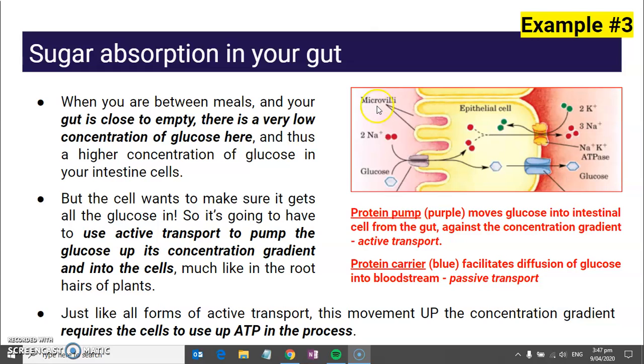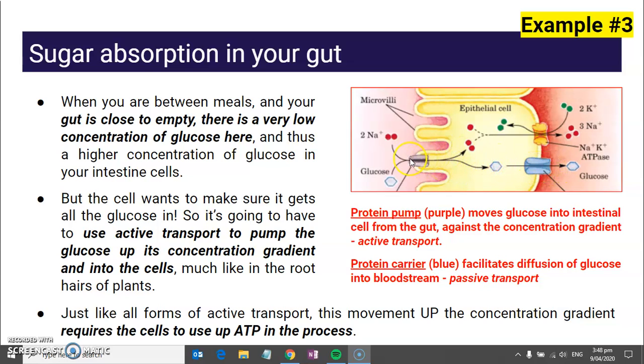But after a meal, when your gut is at low concentration of sugar and you've got some residual sugar in the cells, how are those cells going to accept more sugar if they're already at a relatively high concentration? Although they want to, they're going to need to pump that glucose against its gradient into the cell so that it can keep processing the sugar into the body.